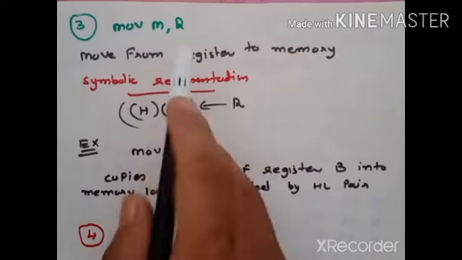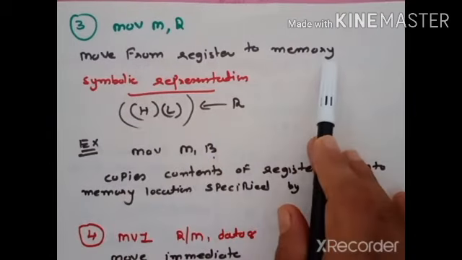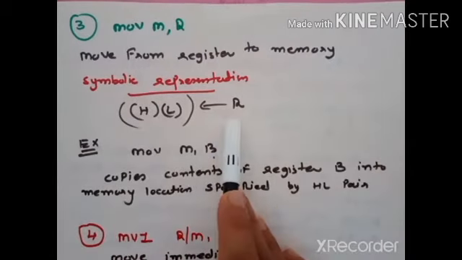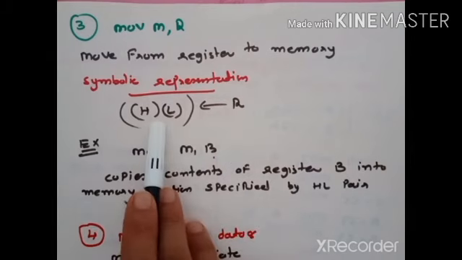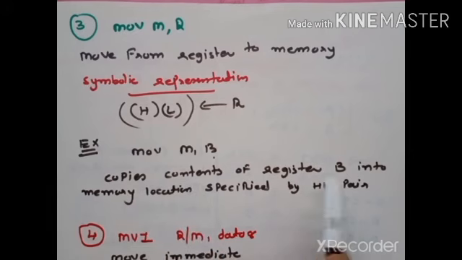Then MOV R to M, that means move from register to memory, the symbolic representation being content of R is transferred to HL pair, that means memory location. Example of this instruction, MOV B to M, that means copies content of register B into memory location specified by HL pair.